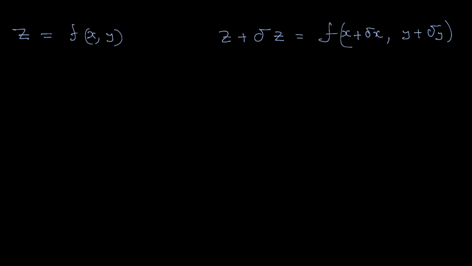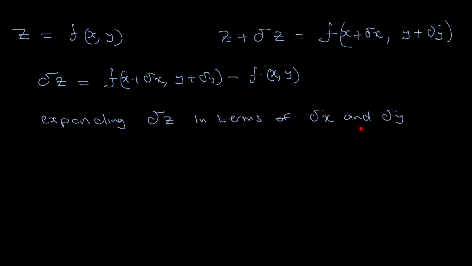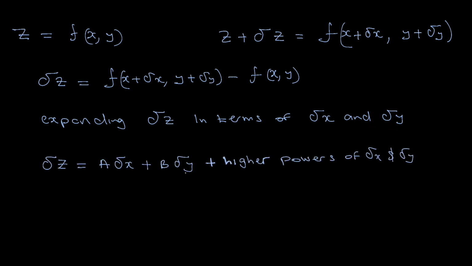And therefore, if I take away z from both sides, but z is a function of x and y, I can put it in that equation there. And what I can do now is expand this function, and if I expand that function in terms of delta x and delta y, we will get delta z equals a delta x plus b delta y.